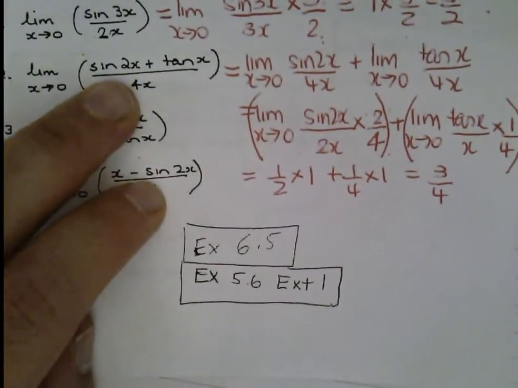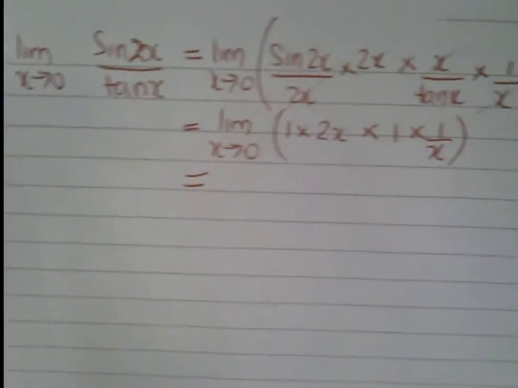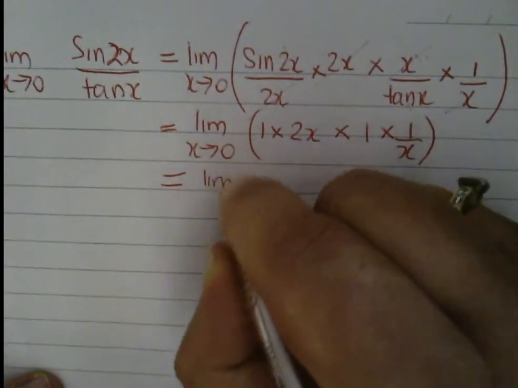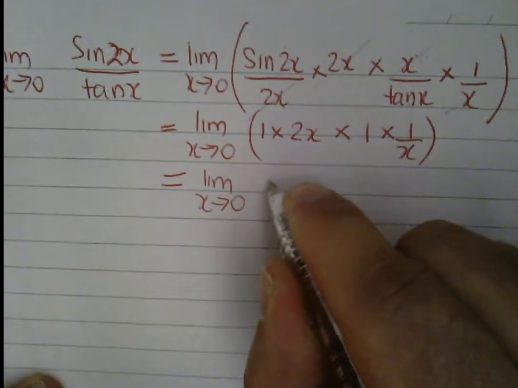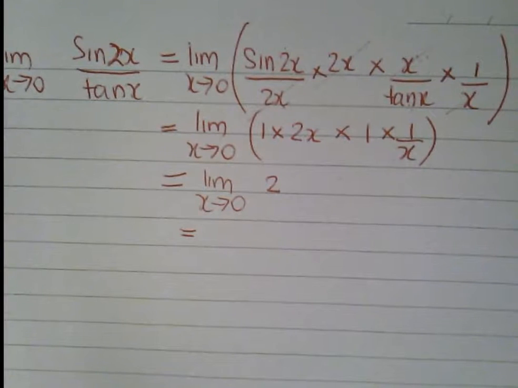Because you've got two separate fractions. Okay? This one is a multiply. So now what do I do? So it's the limit as x approaches 0. What's 2x over x? Of 2. Well, there is no x term in there. What do you think the answer is just going to be? 2. No, it's 2.